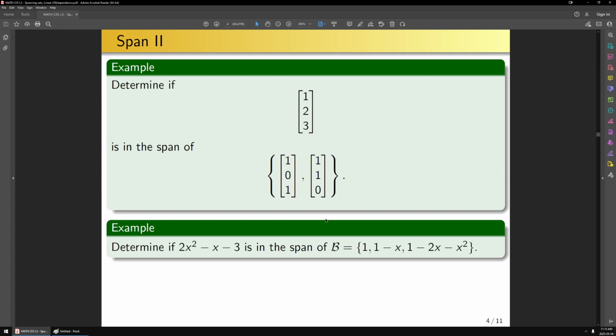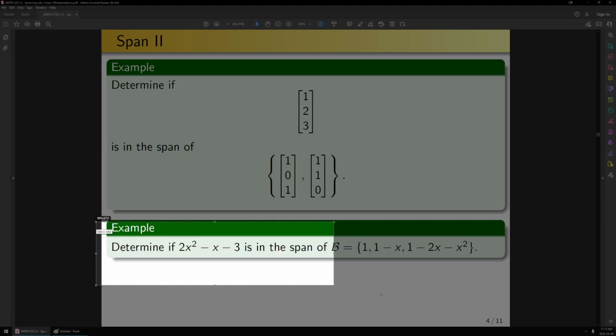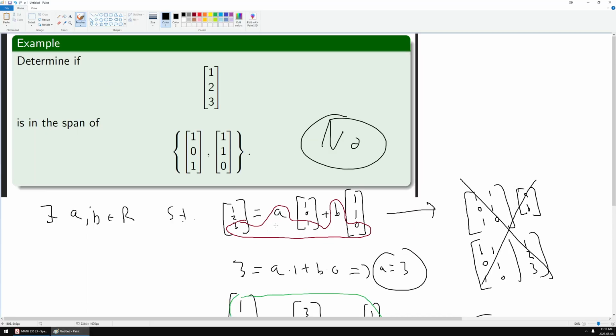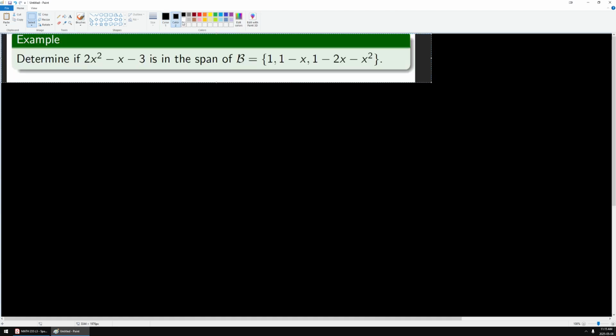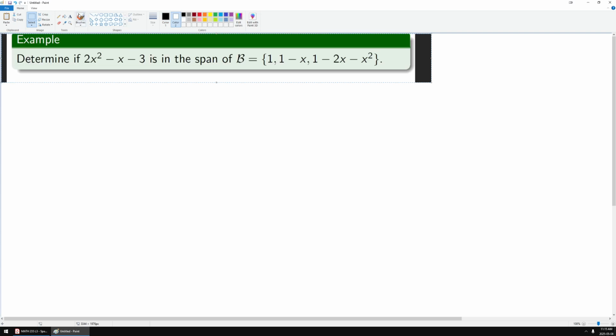Okay, let's look at the other one. Determine if this is in the span of that. So really, the only difference between these two is that the first question was involving normal vectors, and this is just involving a different type of vector. So it's the same question. Do there exist coefficients A, B, C?